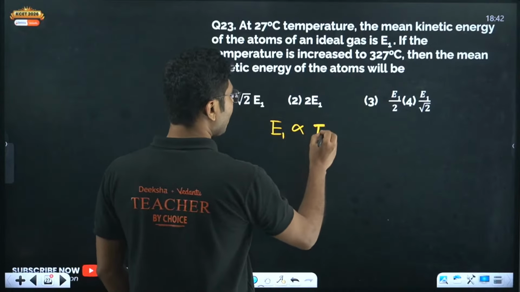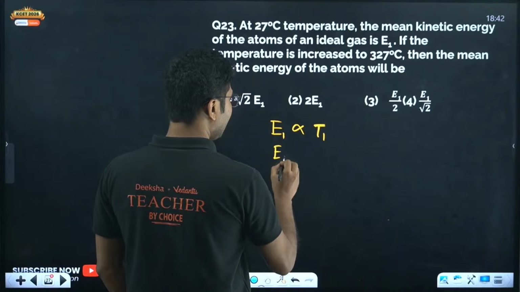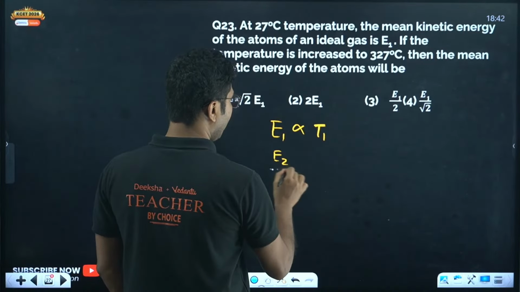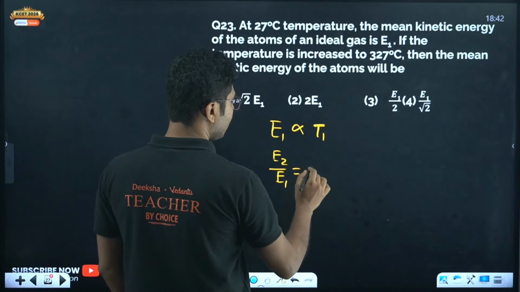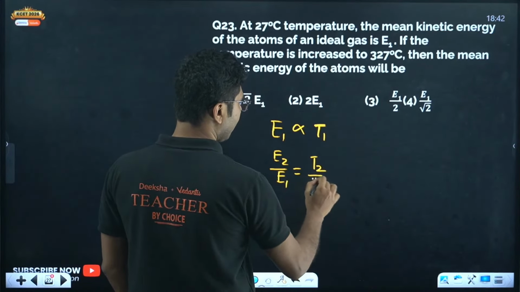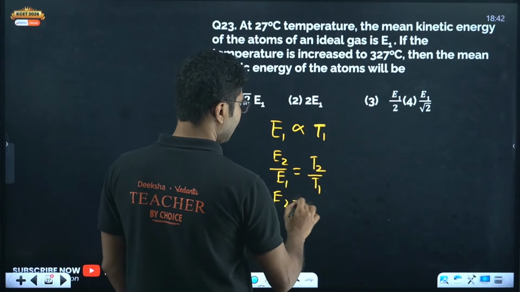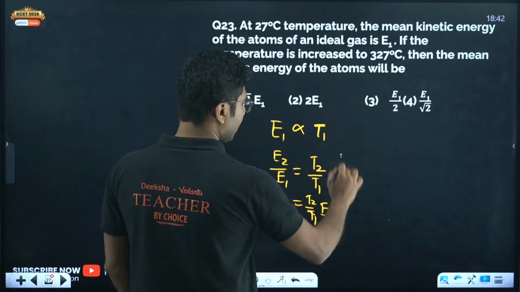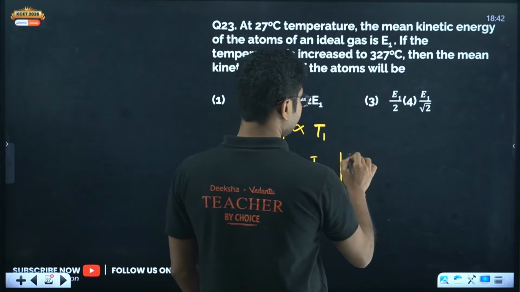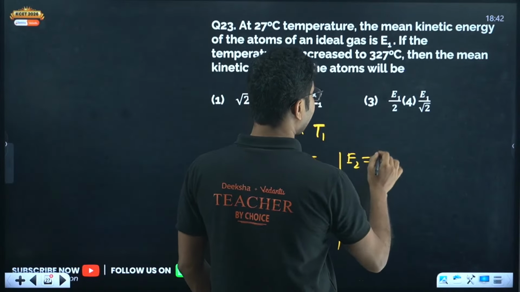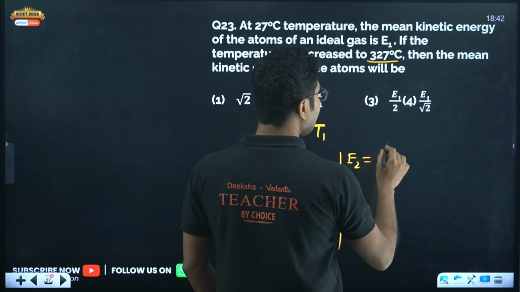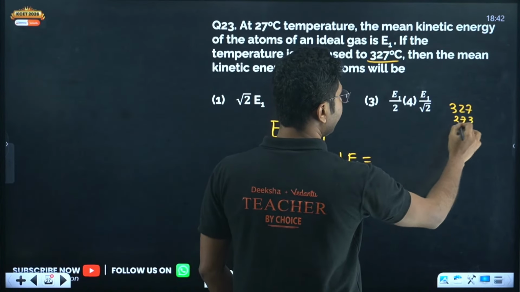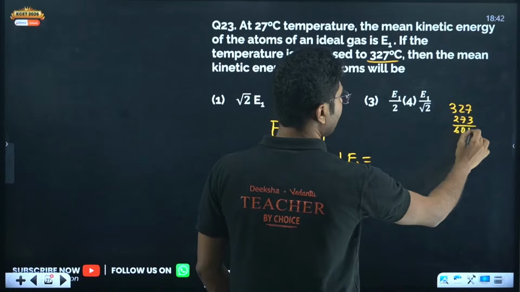So E1 is proportional to T1. So E2 by E1 equals T2 by T1. So E2 is nothing but T2 by T1 times E1, right. So E2 is at a temperature of 327 degrees Celsius. 327 plus 273 is 600.